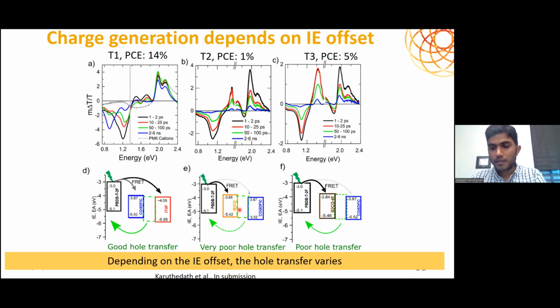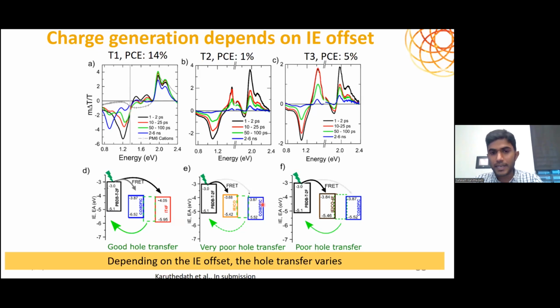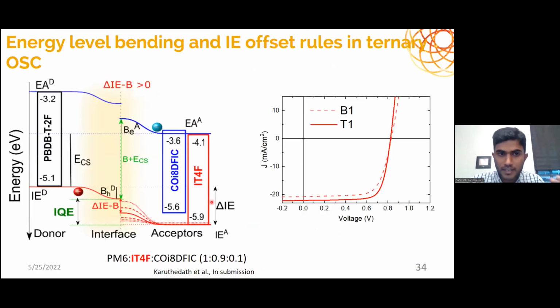This we proved by making an IICO-based solar cell by adding more IT4F content, which in general, when it is a low IT4F content, it didn't work, but when you keep adding the IT4F content, it started working. So again, here also the energy level bending is the bottleneck, even though when you have two systems together, they have a combined or a weighted average IE offset.